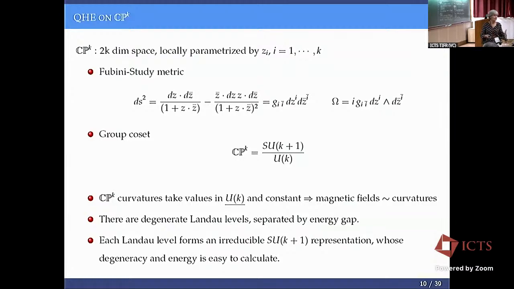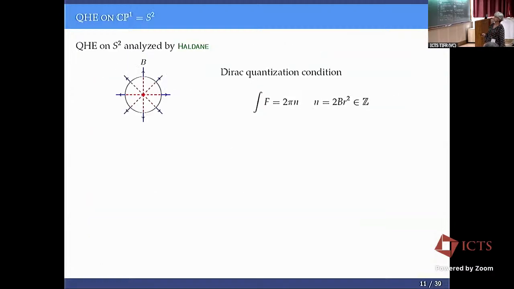So we can write the full single particle spectrum. To give you a flavor of how this works, let me start with the smallest of them, which is the sphere. Quantum Hall effect on a sphere was analyzed several years ago by Haldane, but now I'm going to use this group theory approach to show you how we proceed.